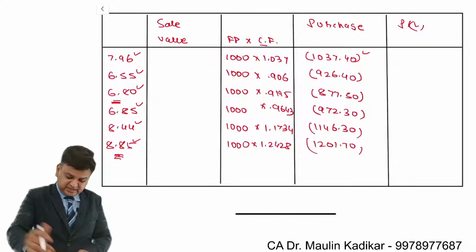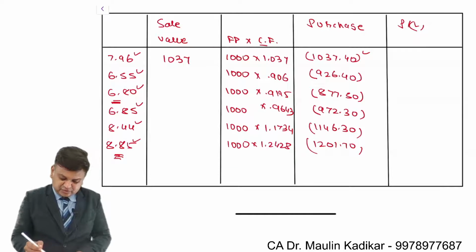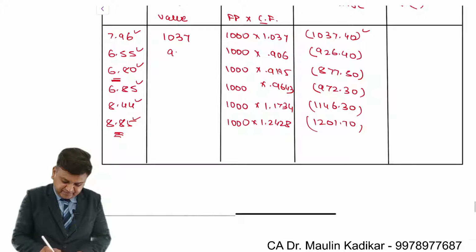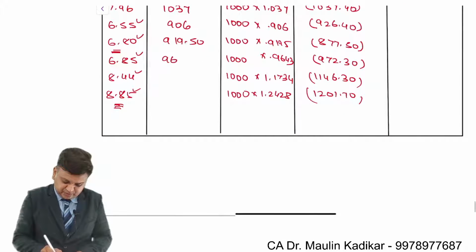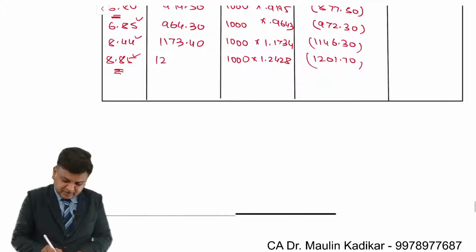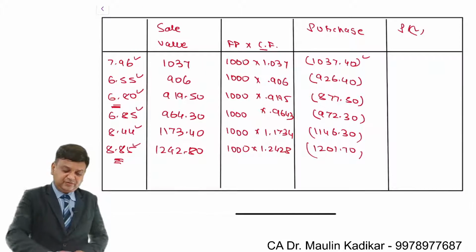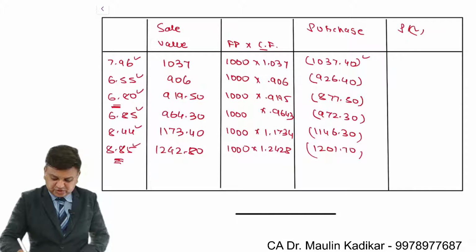So in the first case, the sale value is 1037, 906, 919.5, 964.3, 1173.4, 1242.8. So what is the profit or loss? 1037 minus 1037.4, so I will have a loss of 0.4.